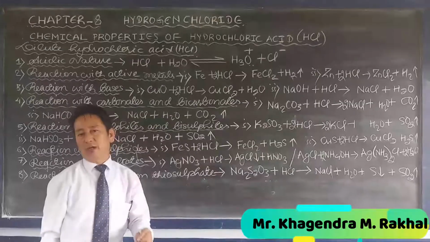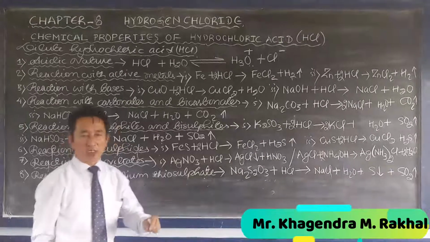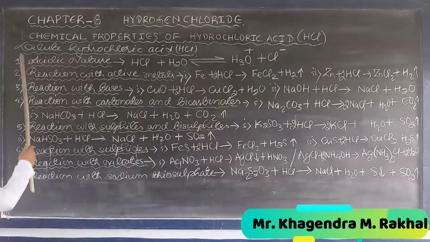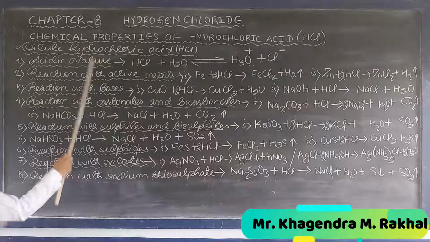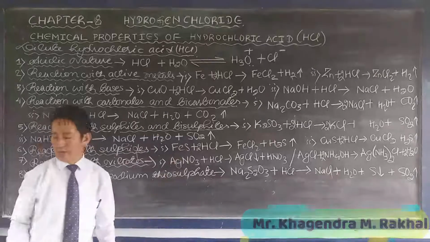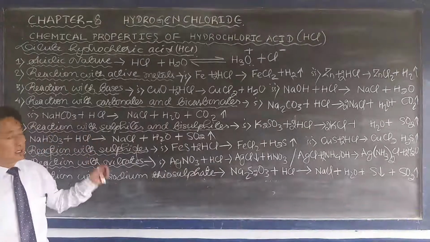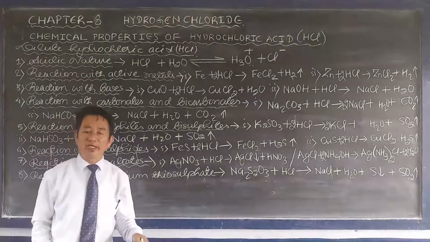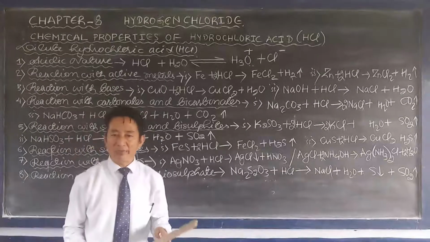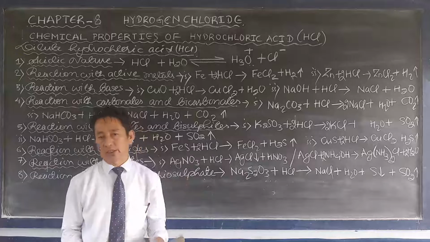Please do not get confused because I have not mentioned the physical properties of hydrochloric acid on the blackboard. Before I start this, I would like to recapitulate what we did in the previous class.